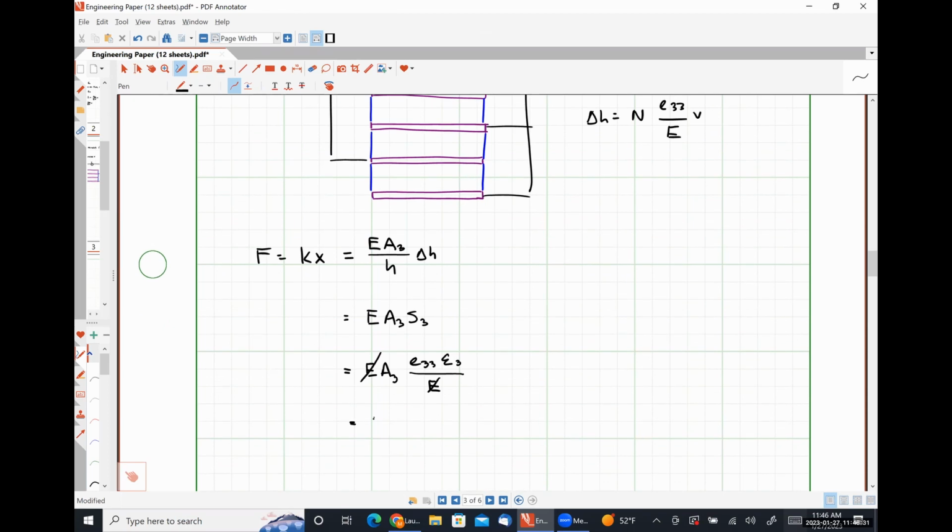And so this is going to look like E33 A3. Our electric field strength is nothing more than our applied voltage divided by our thickness. And this is the force generated by our piezoelectric actuation.